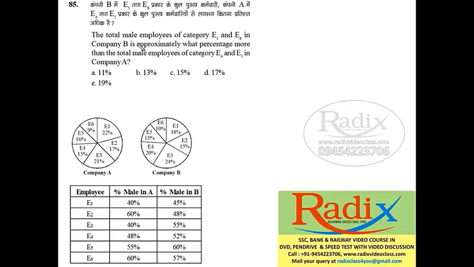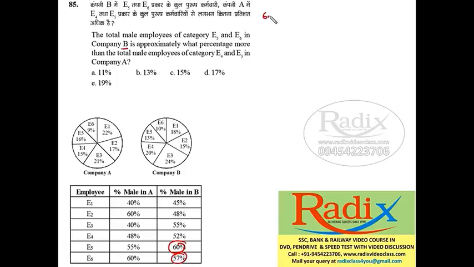Question. The total male employees of category E5 and E6 in company B is approximately what percent more than the total male employees of category E4 and E5 in company A? So what we have to do is calculate the male employees of E5 and E6 in company B. Now E5 and E6 are 60 and 57.